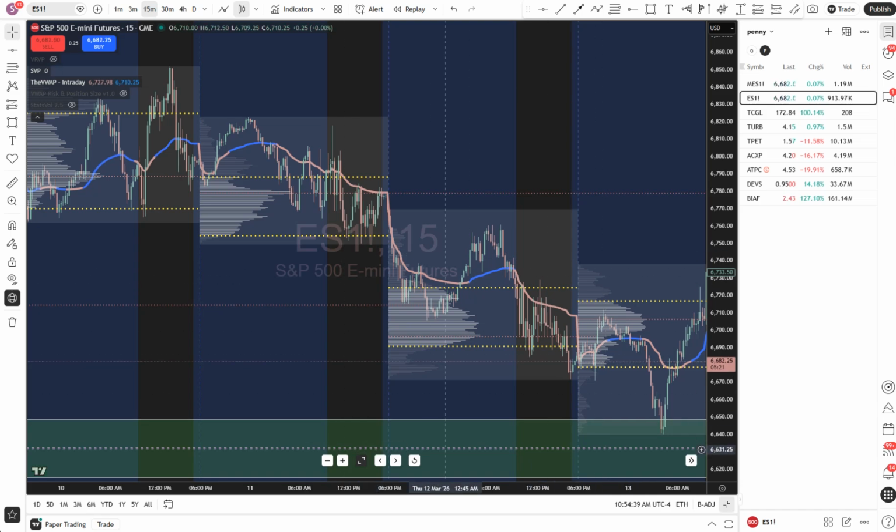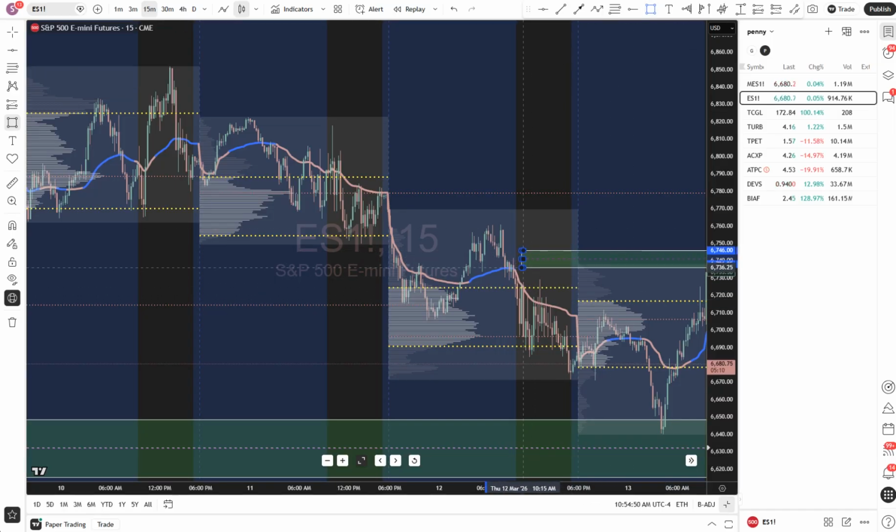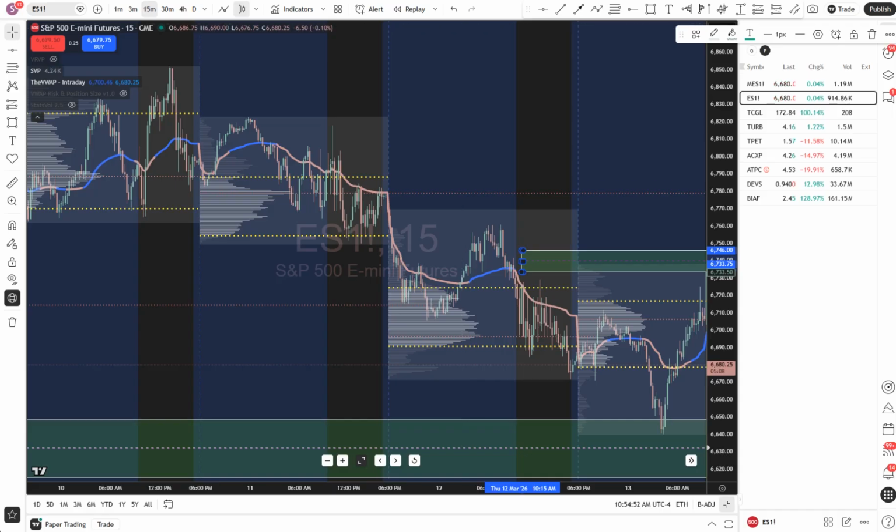So even though I had this level down here, I also had drawn in some levels up here where those trapped longs would probably be closing their positions, driving the market lower, especially with lower value.